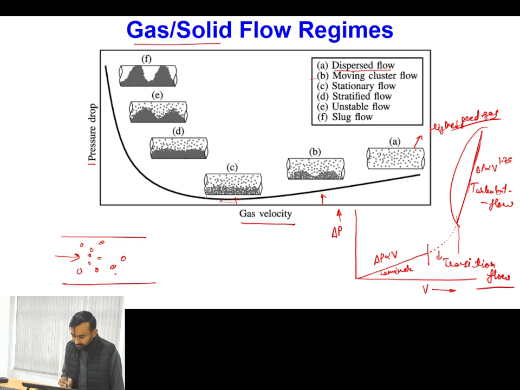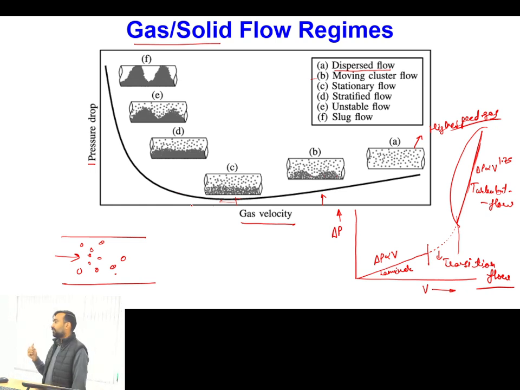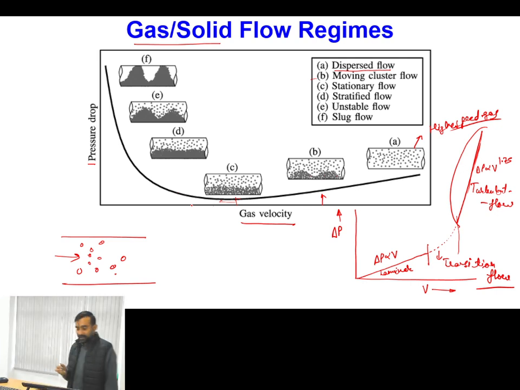Because after this point, when you further decrease the velocity, the mass flow rate of the gas is less than or comparable to the mass flow rate of the solid, and the solid and gas occupy almost the same volume fraction of the pipeline. In this case, at the bottom a very closely spaced layer of particles will settle, which I can call stratified flow.